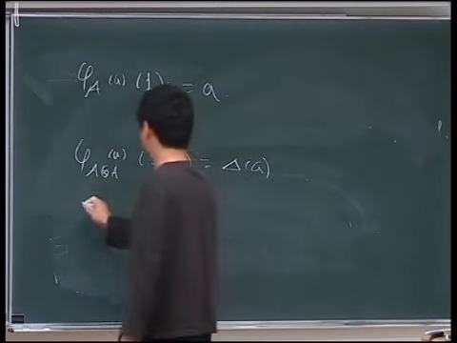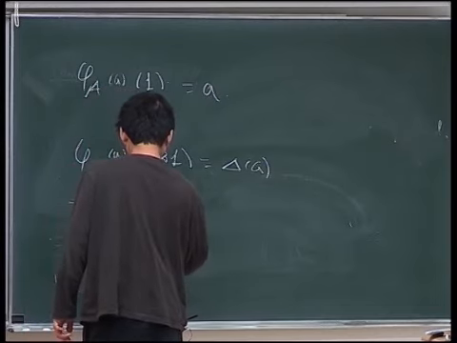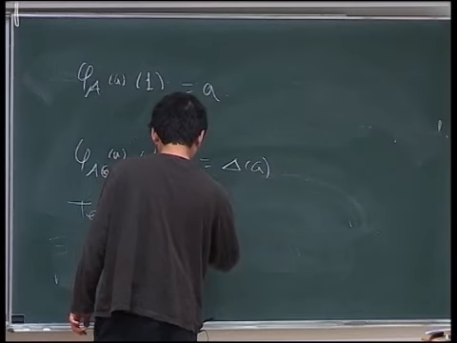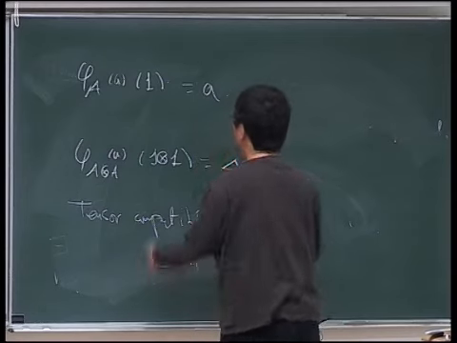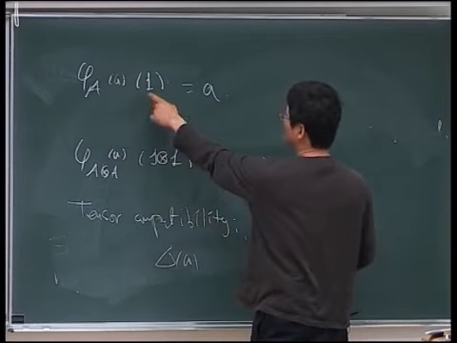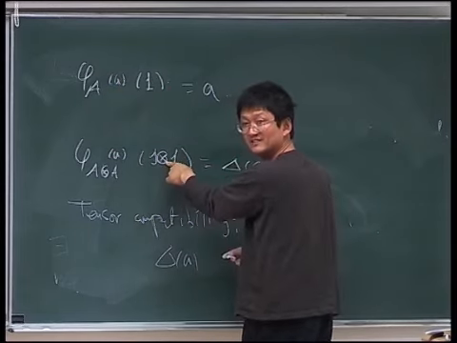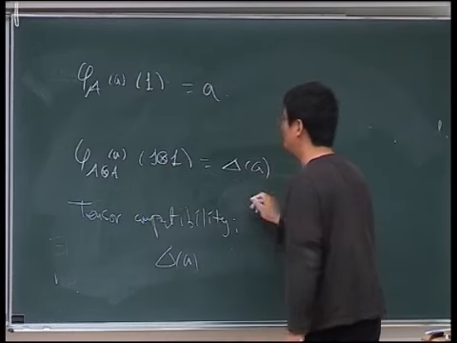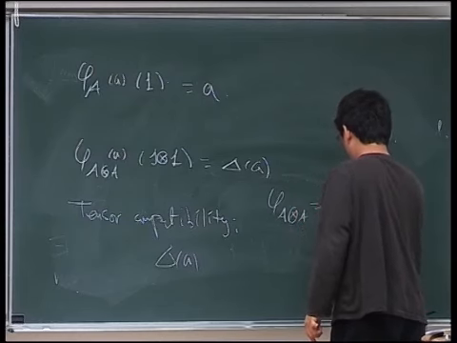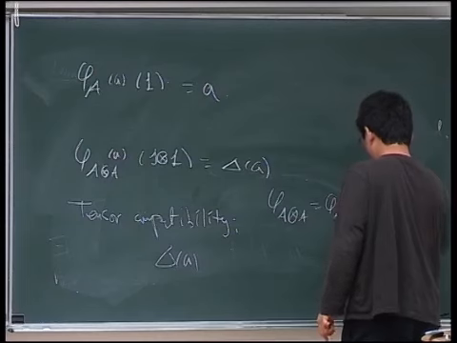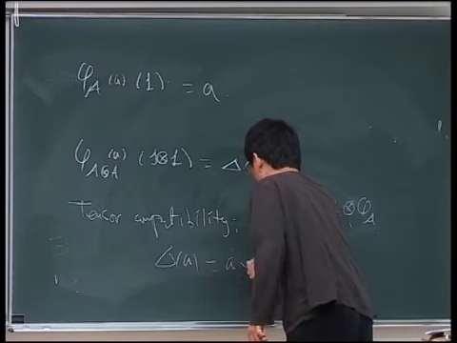So tensor compatibility amounts to the condition that delta of A has to be the tensor product. That is to say, tensor compatibility means phi A tensor A equals phi A tensor phi A. When you evaluate it on 1 tensor 1, you get delta A equals A tensor A.